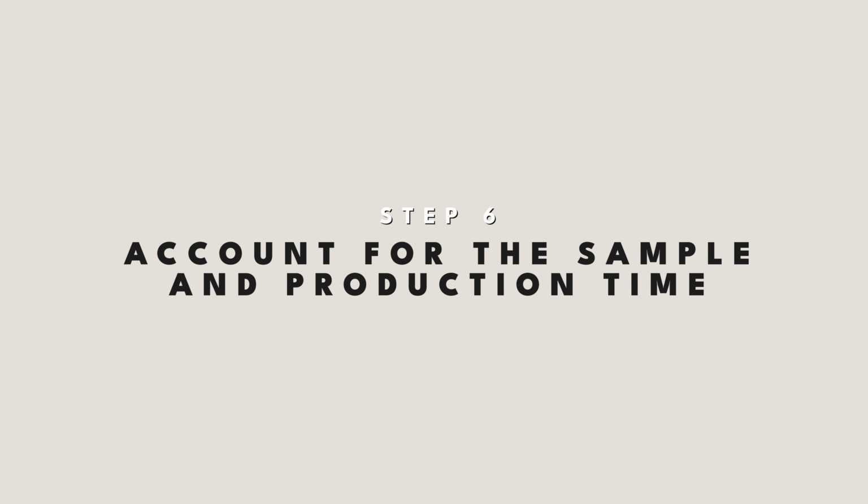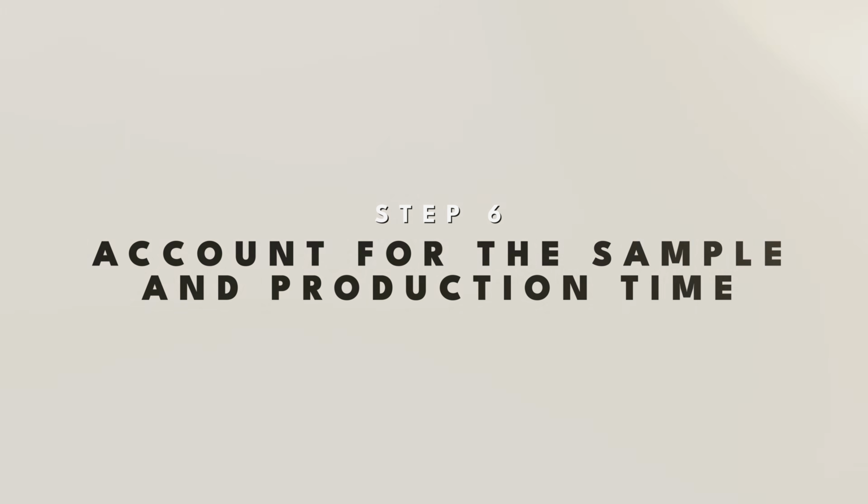So my next tip, and I've actually already touched on this a little bit, is you really need to account for the sample and the production time. Again, from the time that you place your bulk inventory order, usually it takes around 3 months. And your sample itself usually takes around a month and a half. So you need to account for this time, and you need to try to save time wherever you can.